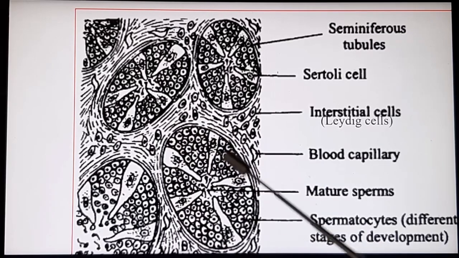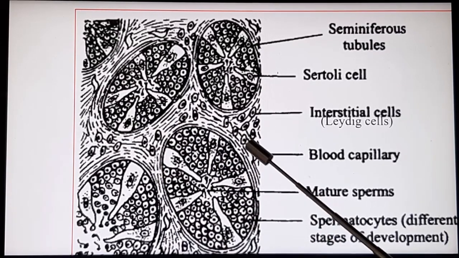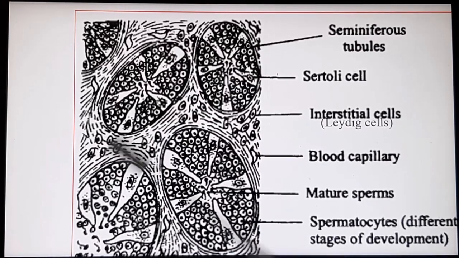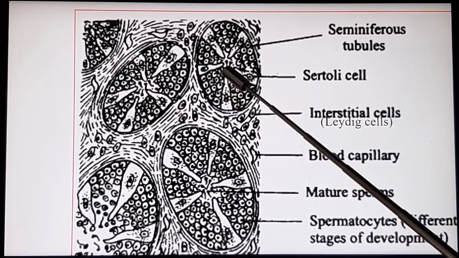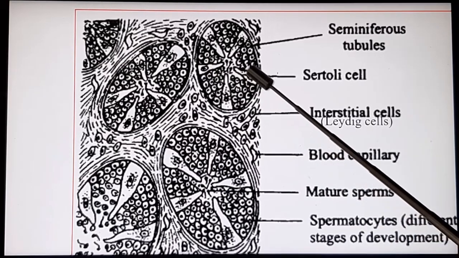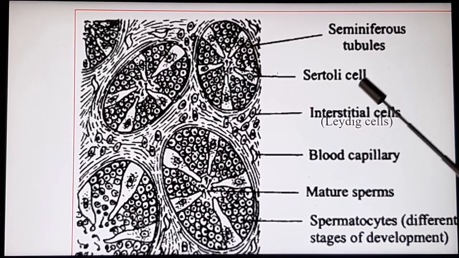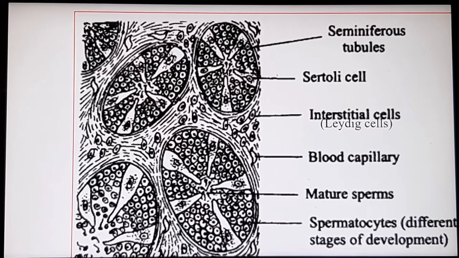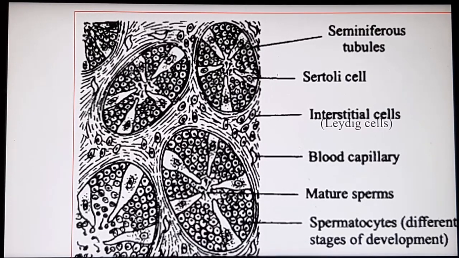Inside the seminiferous tubule as well as the interstitial space, certain types of cells are present that we have already learned. Inside the seminiferous tubule, this elongated one is the Sertoli cell. The function is to provide nutrition to the developing sperm as well as release inhibin.